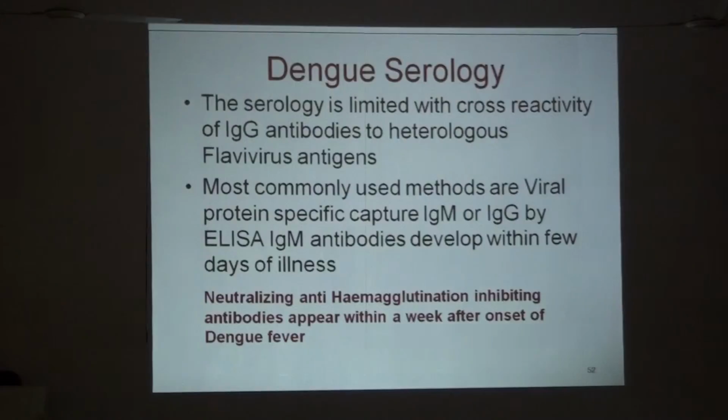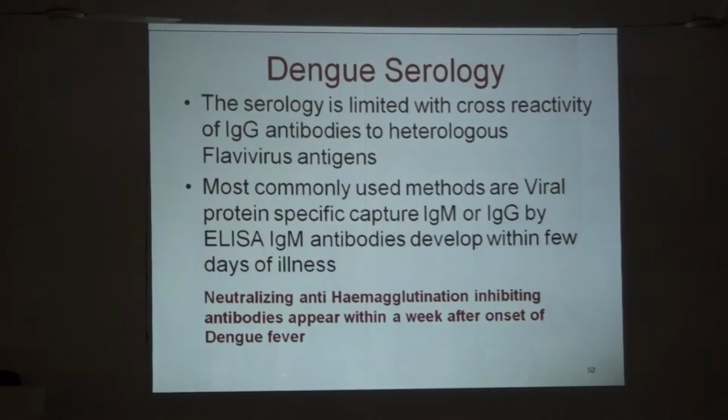The most common method used is ELISA, and the IgM antibody develops within a few days of the illness, whereas the IgG gives lifelong immunity. So it is very difficult to differentiate primary and secondary infection.